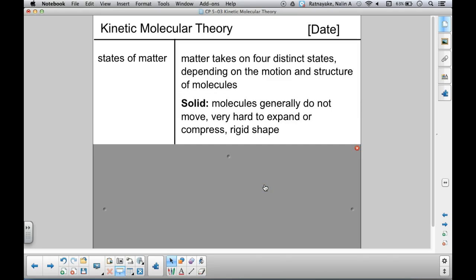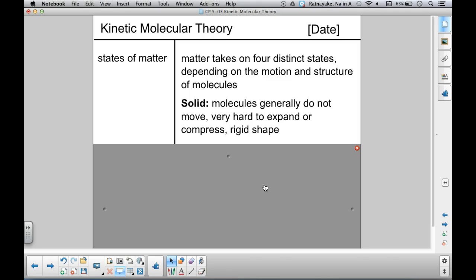So the first state of matter, molecules are generally not moving around, but they are vibrating. Remember, molecules don't ever fully stop except at absolute zero temperature. So for a normal solid, molecules are vibrating and jiggling around, but they're not moving in general.